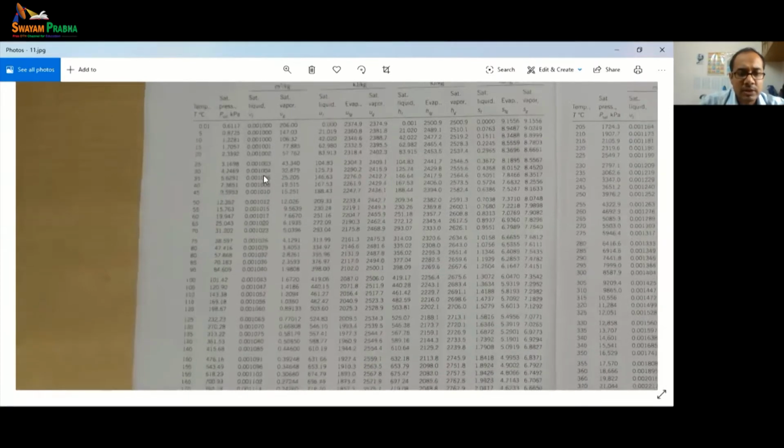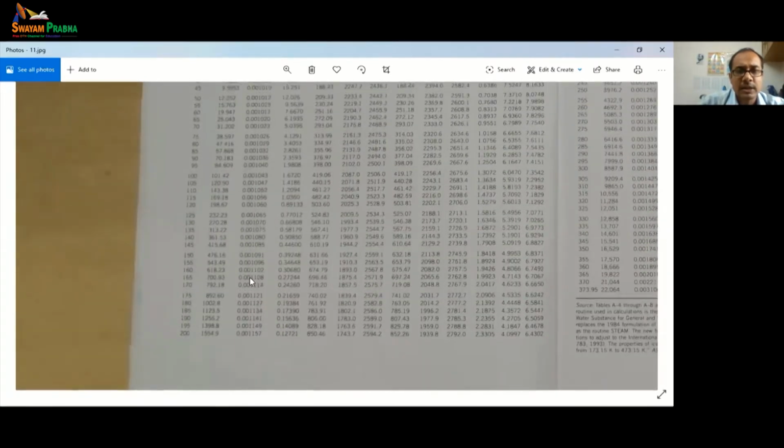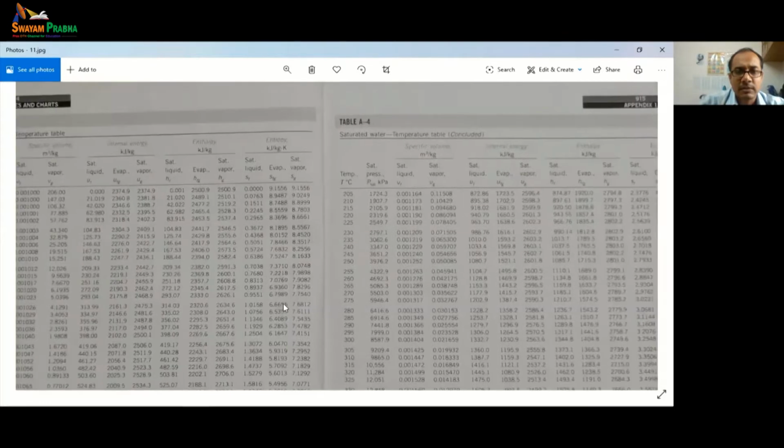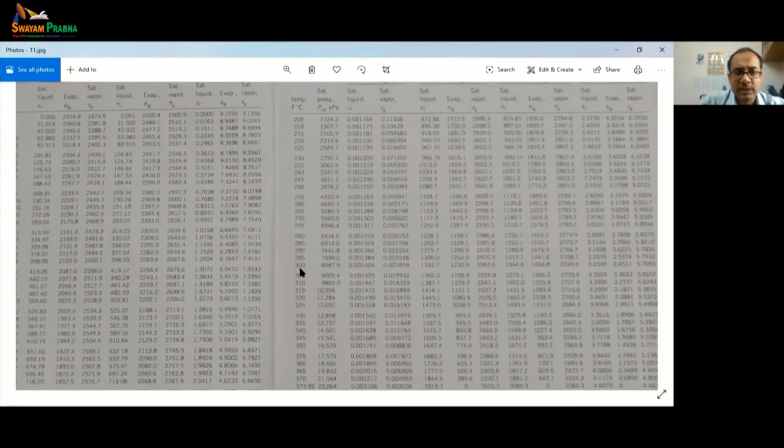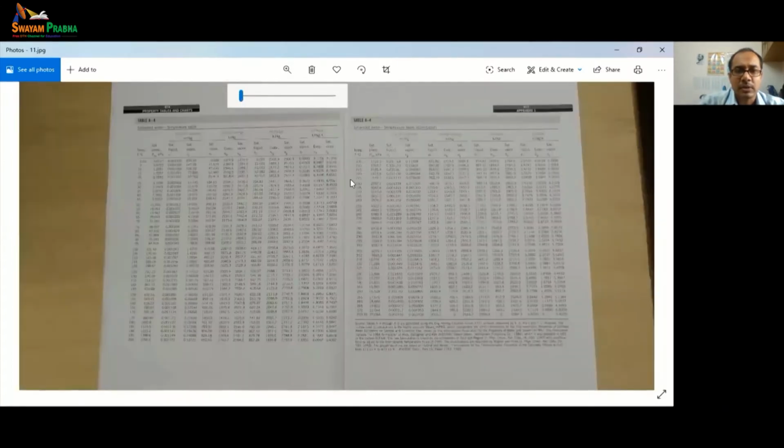So you see what is the 300 degree centigrade value. You go to the next page, here you find the 300 degree centigrade value, and the saturated pressure is way above. We have 200 kPa. So this will not tell us anything. We have to go to the superheated vapor table. Okay.